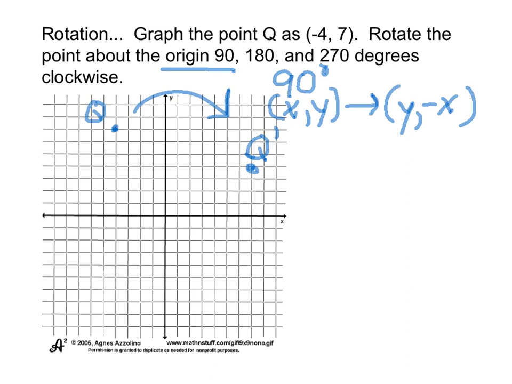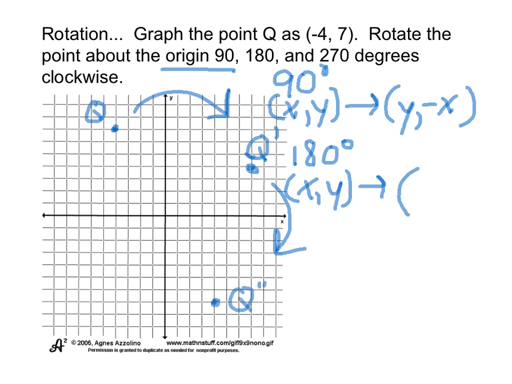If I go 90 more degrees, I'm now at 180 from my original point Q. So instead of the point (-4, 7), I'm going to have Q double prime at (4, -7).